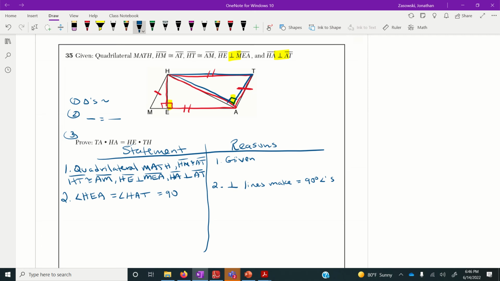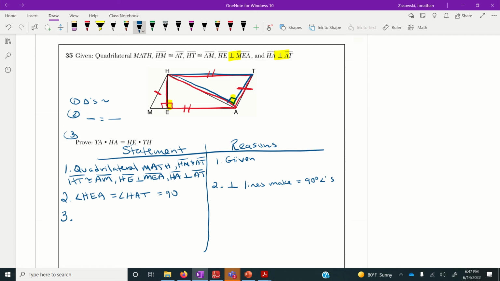All right. What do we think about what else we could do here? Yes, nice. Perfect. So because we have these two pairs of sides equal, that makes this thing a parallelogram.